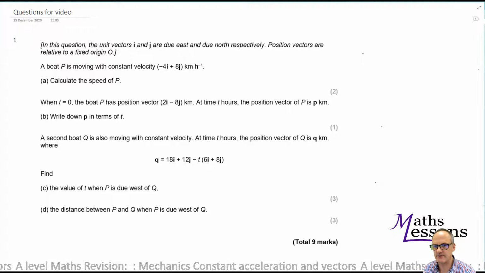Now, here's our first question. I'm going to give you 5 minutes to have a go at this one.